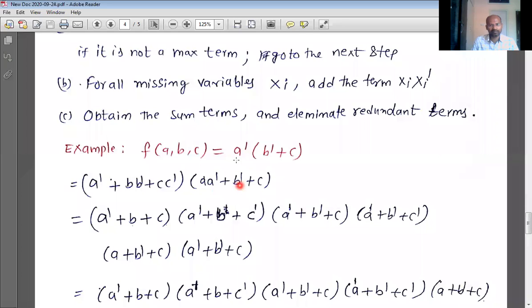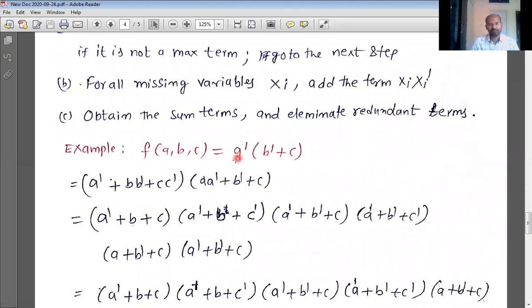So we convert a function which is not in canonical product of sum form into canonical product of sum form, right? So for this, the missing literal is a. We write like this. For this, what are the missing literals? Only a is present, b is missing, and also c.